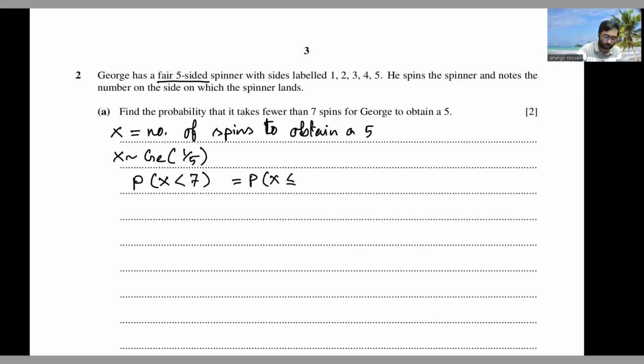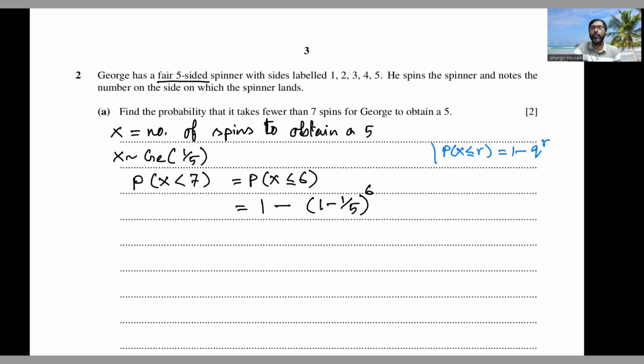And remember, in case of geometric distribution, the probability of X less than or equal to r equals 1 minus q to the power r. Here p, which is 1 by 5, is the probability of success, that is obtaining a 5, and q is the probability of not obtaining a 5. So if we apply the formula, q is 1 minus 1 by 5, and r is 6.